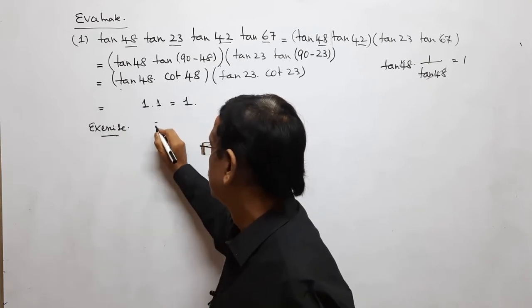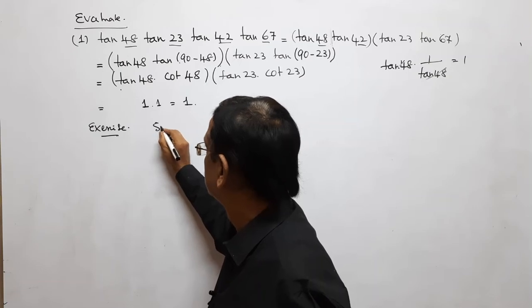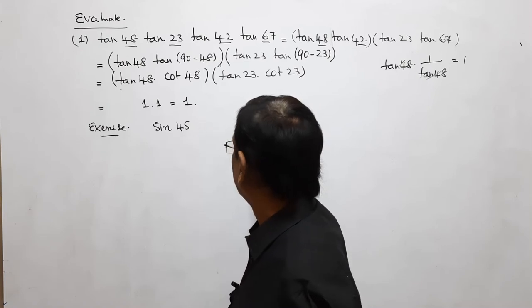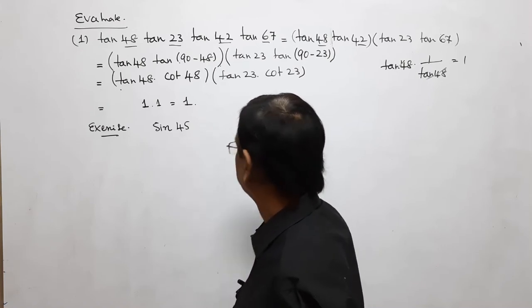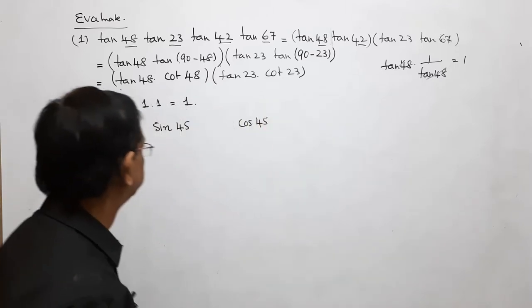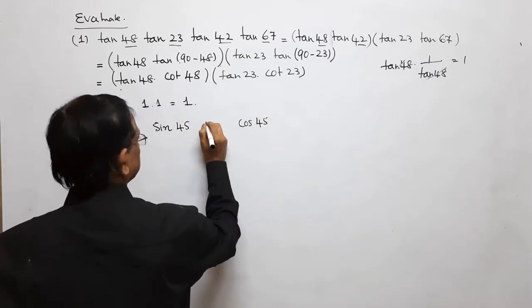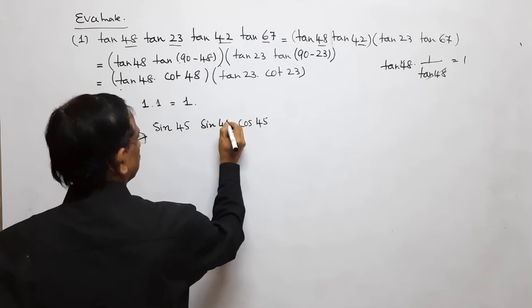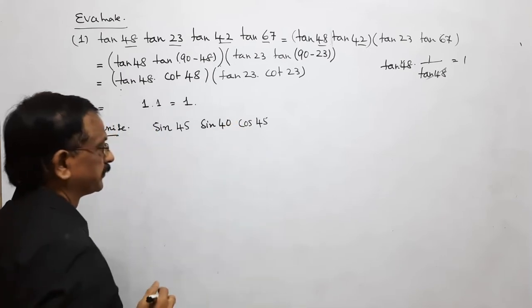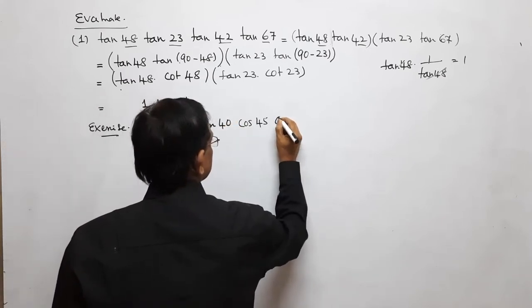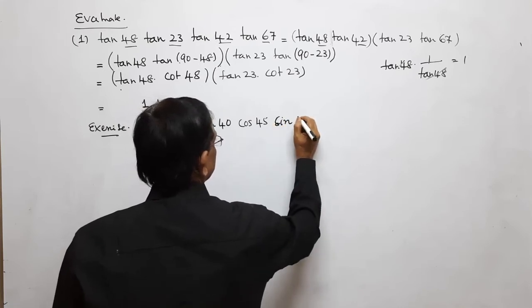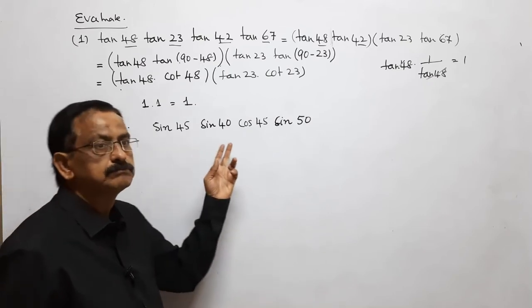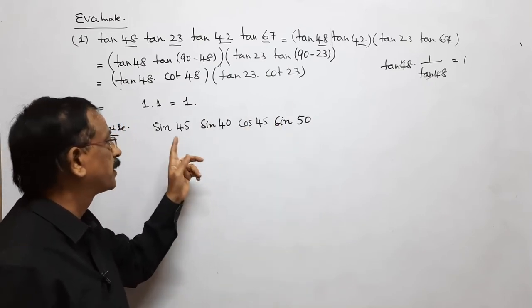I will write down cos 45 here, and in between I want to write sine 45, sine 40, and then sine 50. Evaluate this. Is it possible?